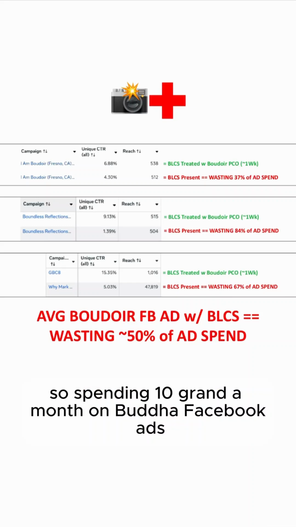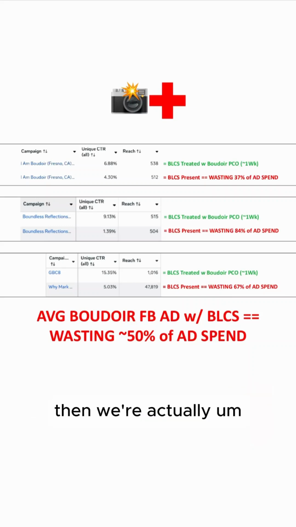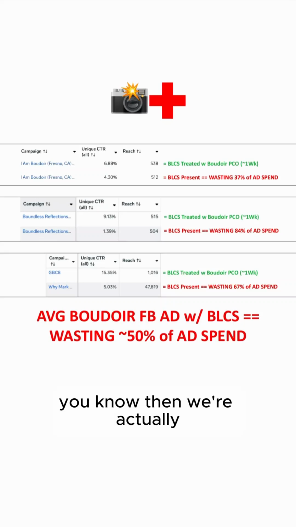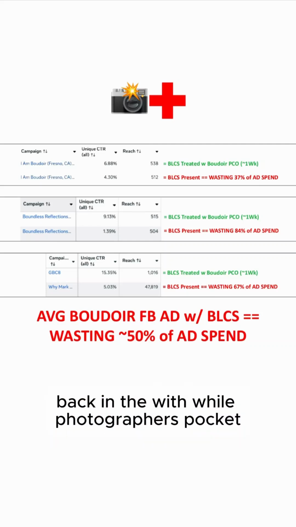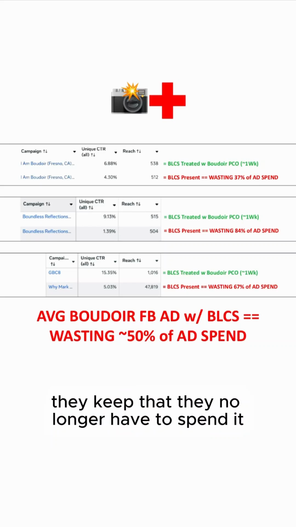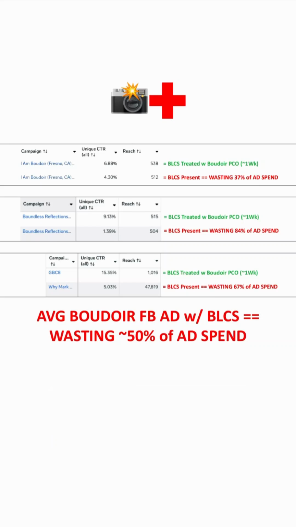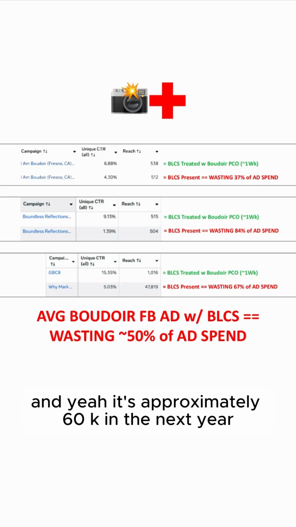So if you're spending 10 grand a month on Boudoir Facebook ads, we're actually eliminating approximately 5K every single month back in the Boudoir photographer's pocket. They keep that, they no longer have to spend it. And it's approximately 60K in the next year.